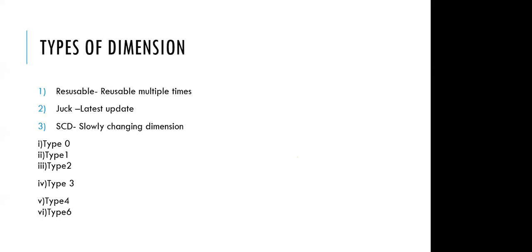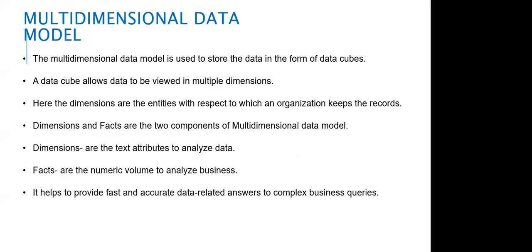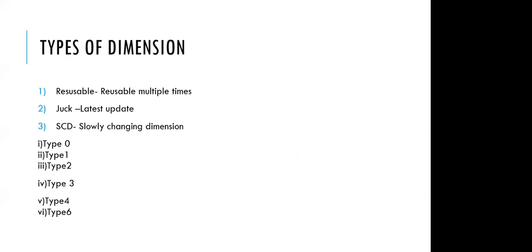So like the multi-dimensional data model, we have facts and dimensions, and a very important topic, SCD, that comes under the types of dimension. Types of dimension we have reusable, junk, and SCD. SCD is called a slowly changing dimension.